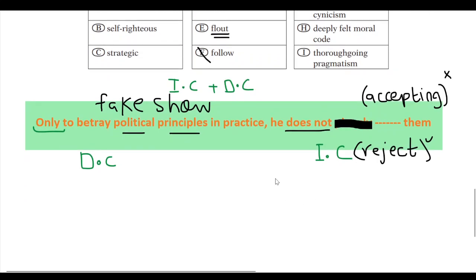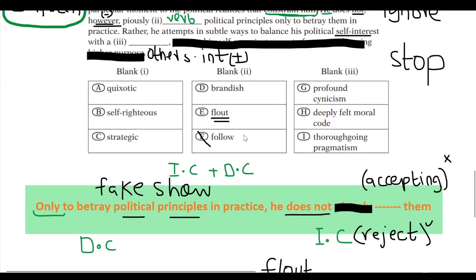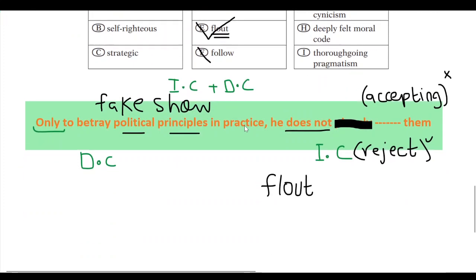Flout basically means an open disregard for the rules, to the point of shamelessness, to the point of being disrespectful. So if I see flout, this might work, and it might seem like a correct answer.